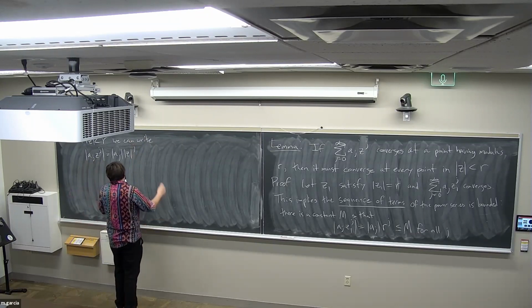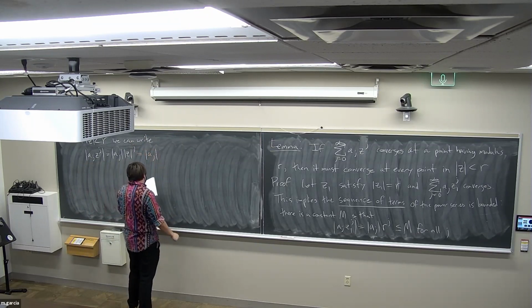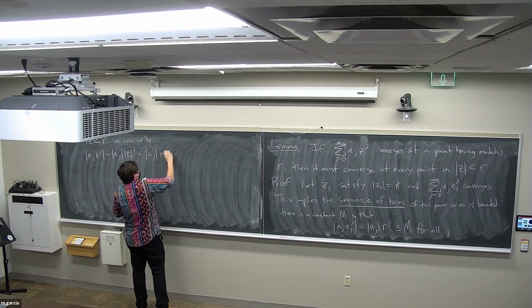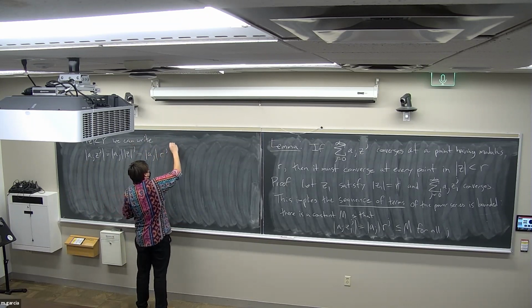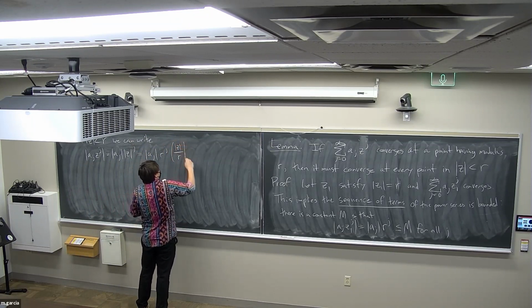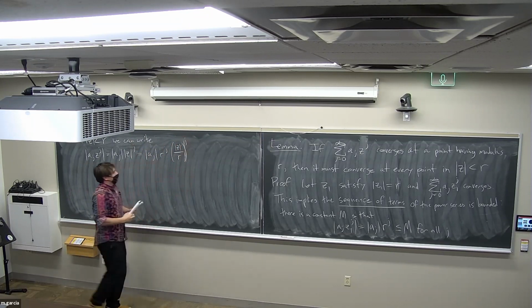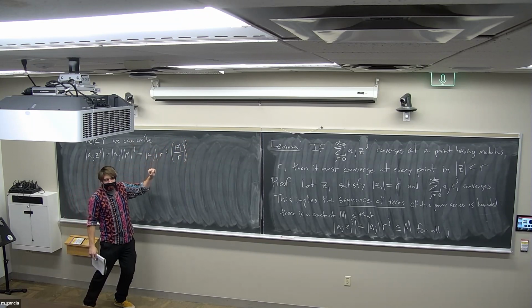Now I'll do an algebraic trick, the same as the modulus of a sub j times r to the j times the modulus of z divided by r raised to the j. I've factored this in a slightly unusual way.